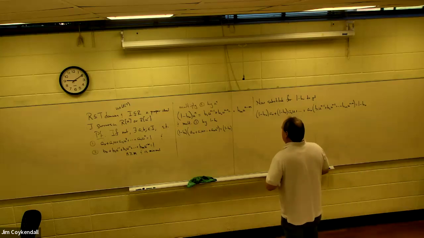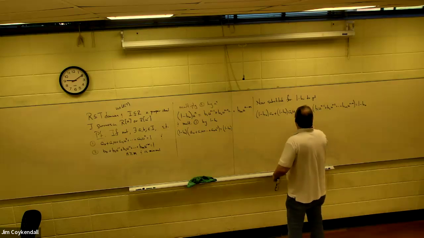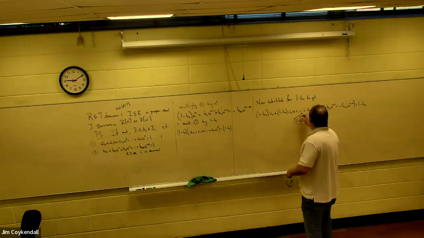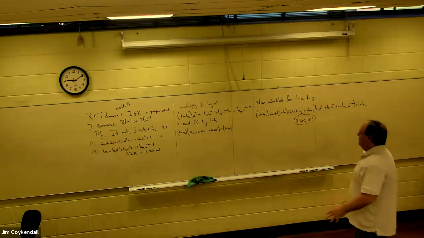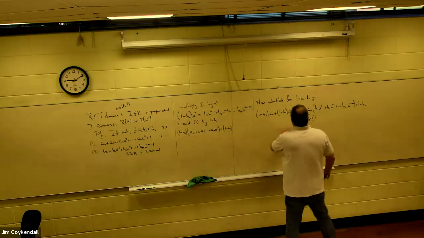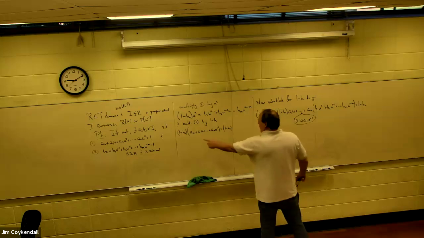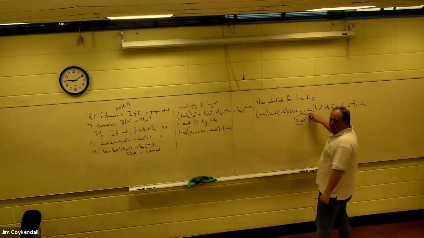So what did I do here? Actually, it might behoove me to put in another term here. So what did I do here? Let's take this apart. I multiply this 1 minus B0 out, getting me all the way up to here, right? And then I have a 1 minus B0 AN. So there's the AN part of it.